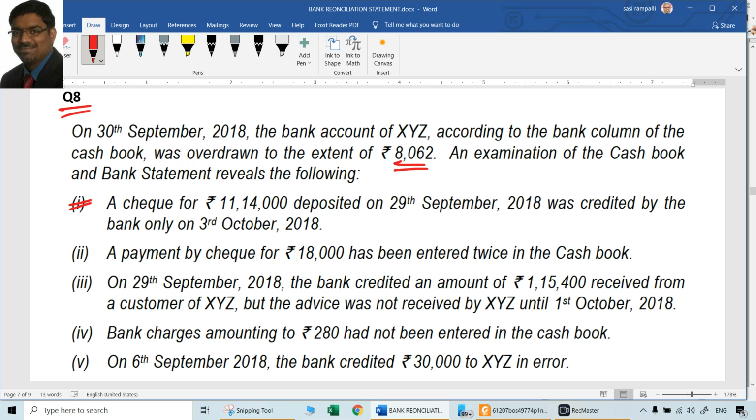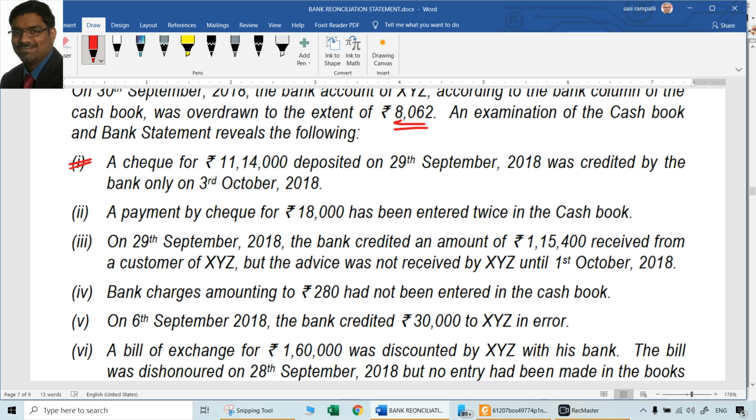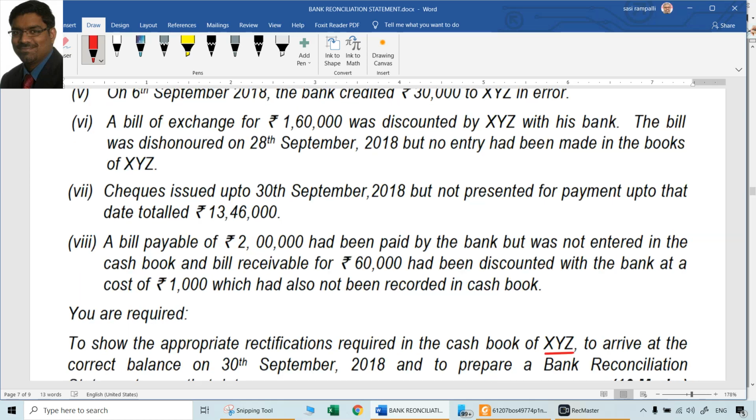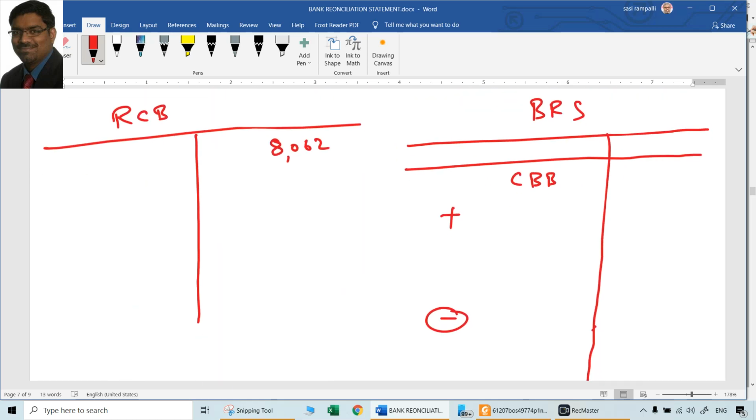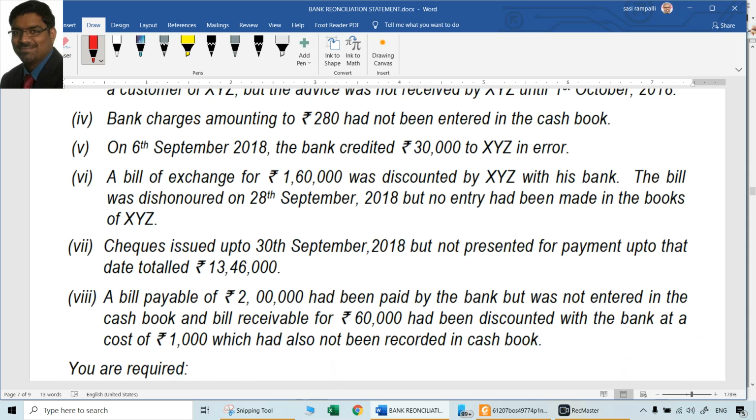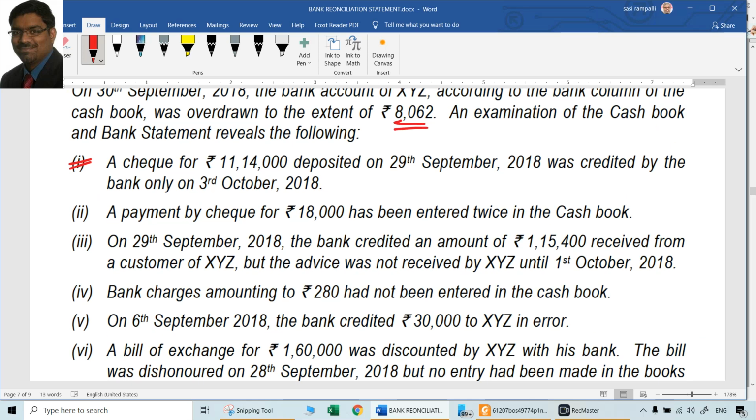The first impact would have been in the cash book only because we would have already recorded this. Because we deposited the check, 11,14,000 would have been debited to the cash book. Because of which our balance as per cash book would have been already higher when compared with the balance as per passbook. So the cash book balance would have been higher by that amount already.